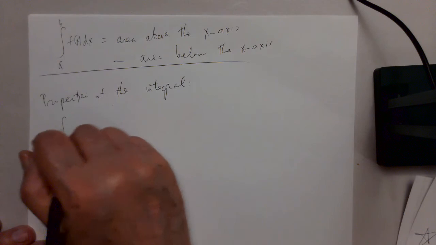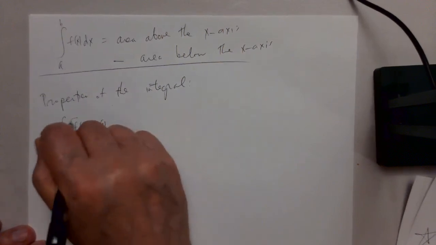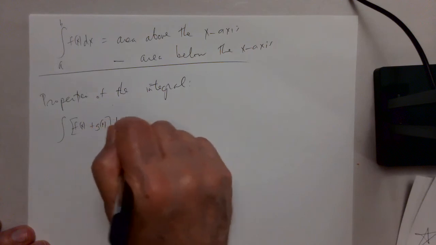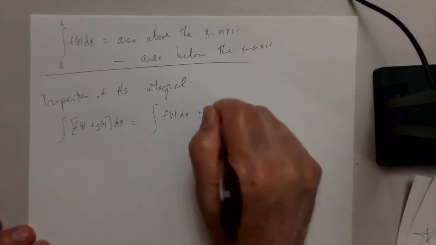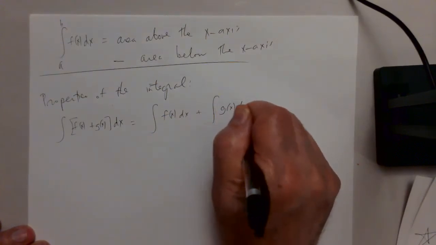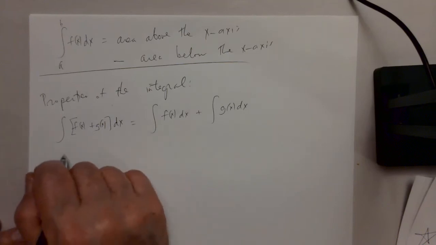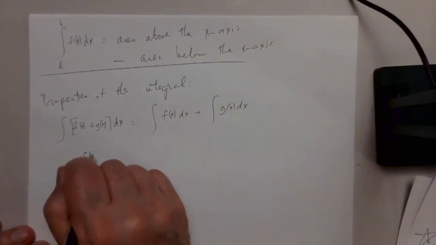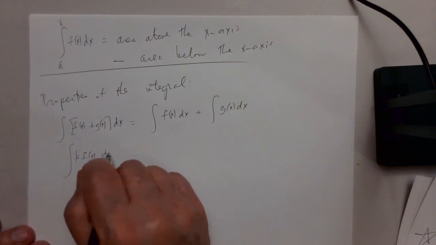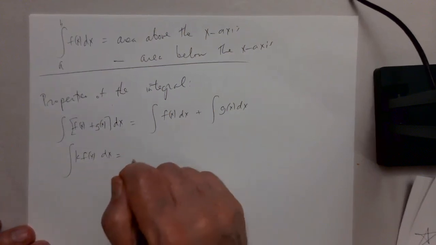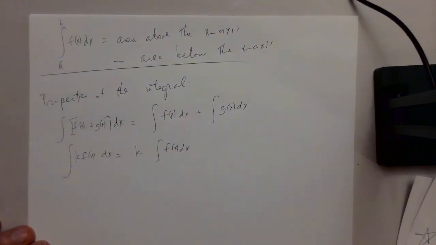If we have the integral of the sum of two functions, f of x plus g of x dx, that's the integral of f of x plus the integral of g of x. If we take a function f of x and multiply it by a constant k, the integral of k times f of x is k times the integral of f of x.